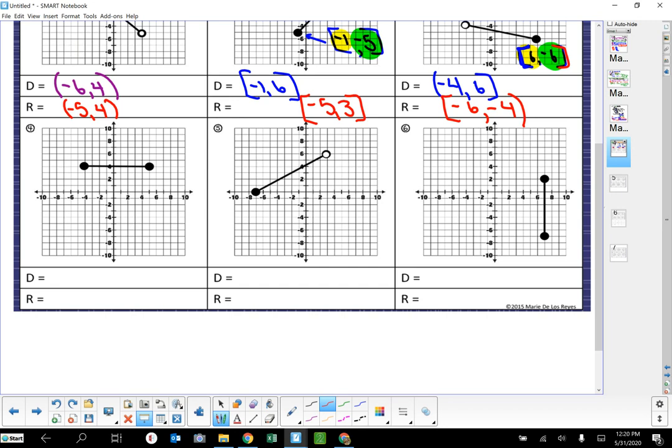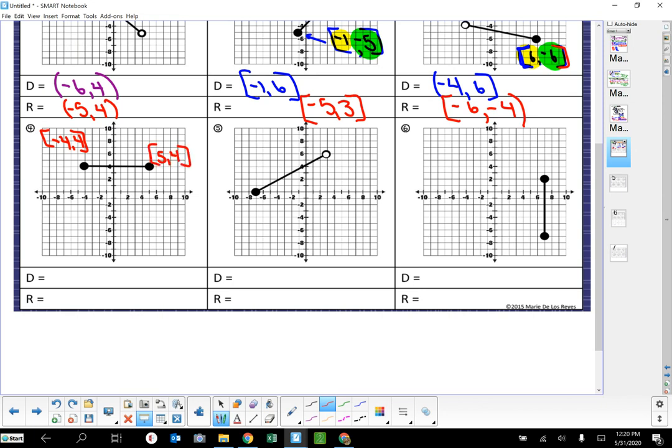All right, welcome back. So hopefully you gave these a try, and I'm just going to go through here and identify my ordered pairs really quickly. So this is -4, 4, bracket. This one is 5, 4, bracket.